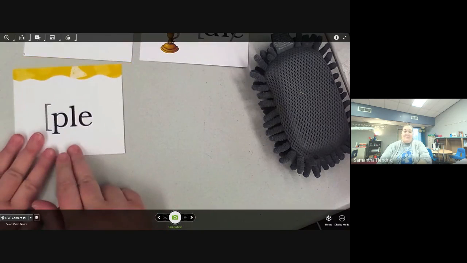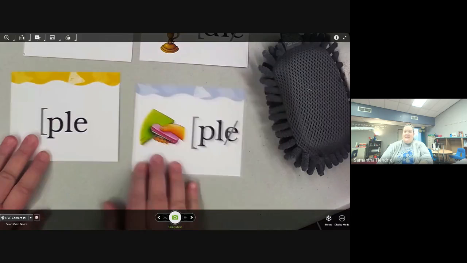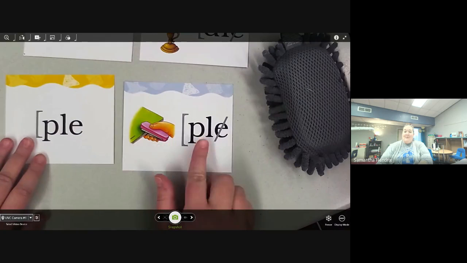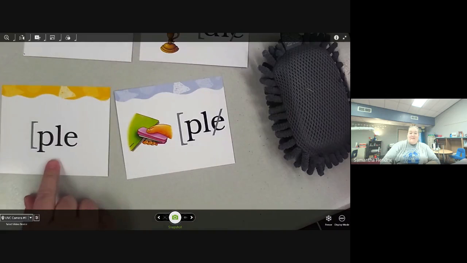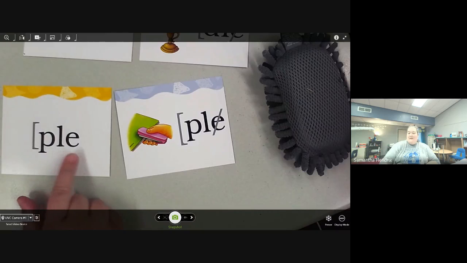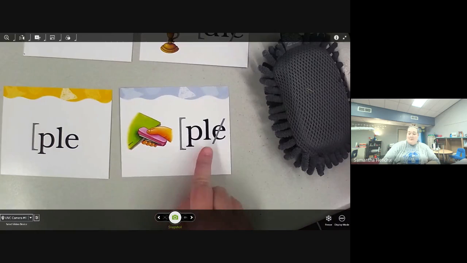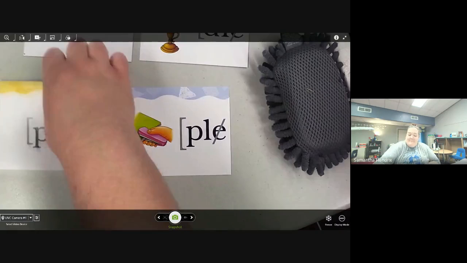Final stable syllable PLE, staple, pull. Okay, say those with me. Final stable syllable PLE, staple, pull. Okay?